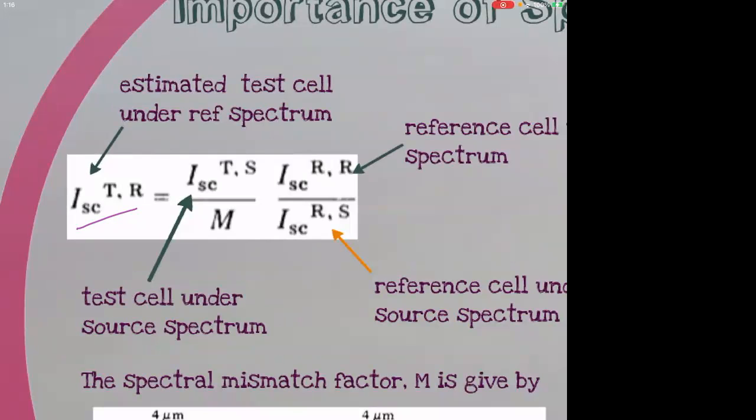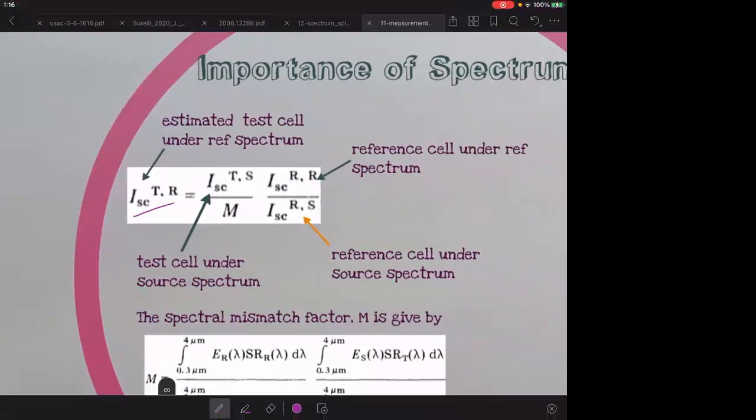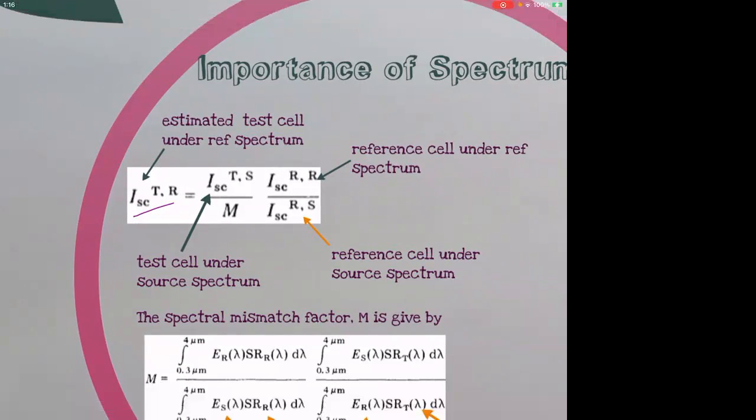So this is a fairly complex measurement, but just to give you a simplified version of how this can be done: first, we can measure the short circuit current density of the test cell under some source spectrum, like the sun, for instance. We can also measure the reference cell under a reference spectrum where you know the spectrum very well. And then we also have a calibrated cell, which is a reference cell, under the source spectrum.